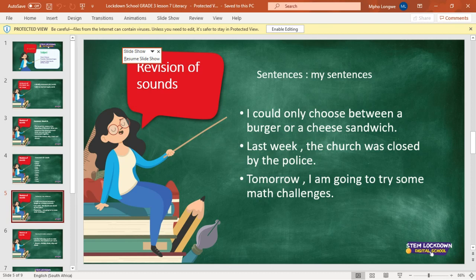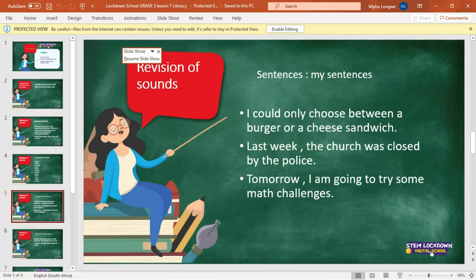Last week, the church was closed by the police. Tomorrow, I'm going to try some math challenges.